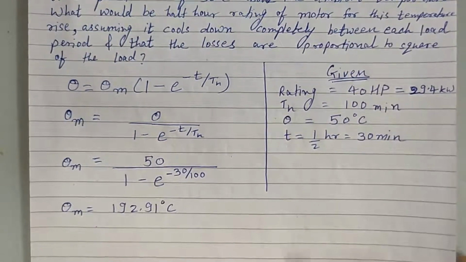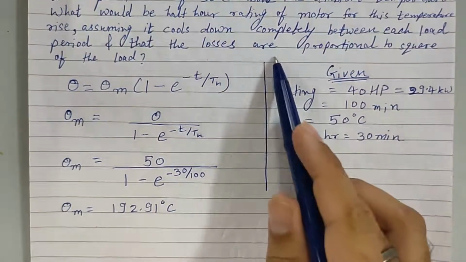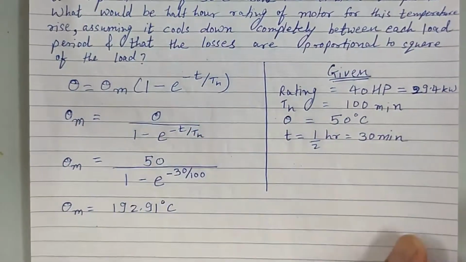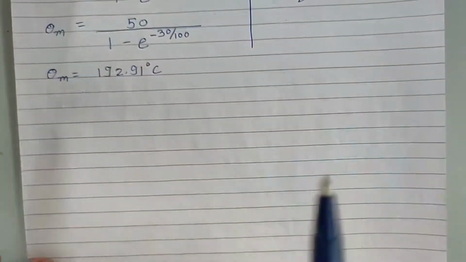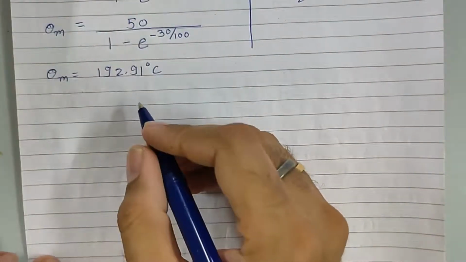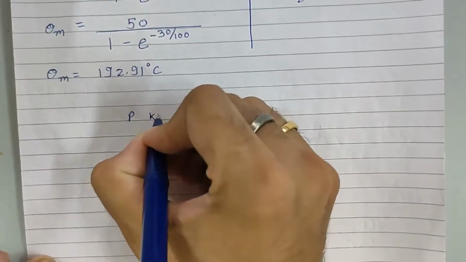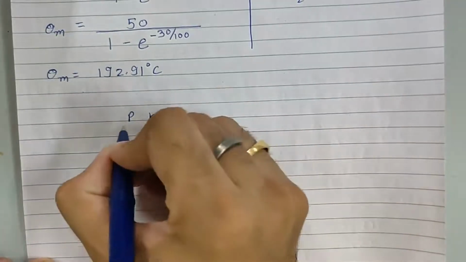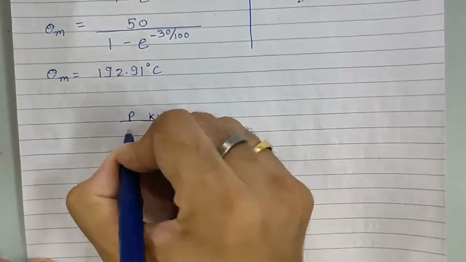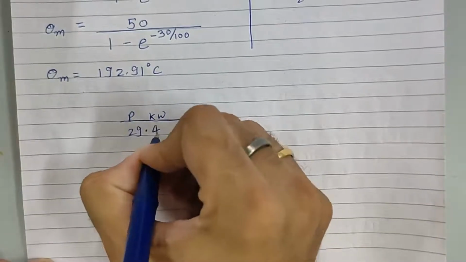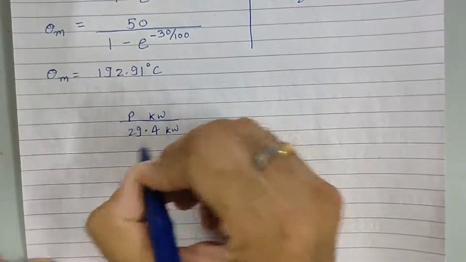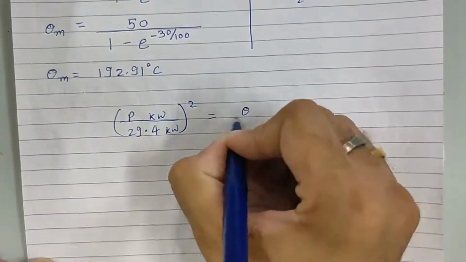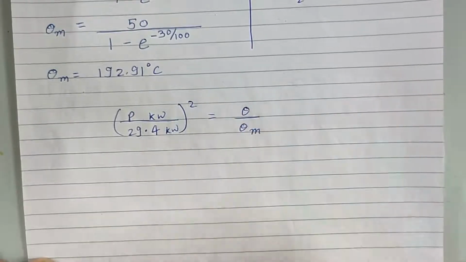Now it is said in the question that the losses are proportional to the square of the load. So keeping that in mind, let us assume that P kilowatt is the load taken by the motor divided by 29.4 kilowatt whole square is equal to theta upon theta m.